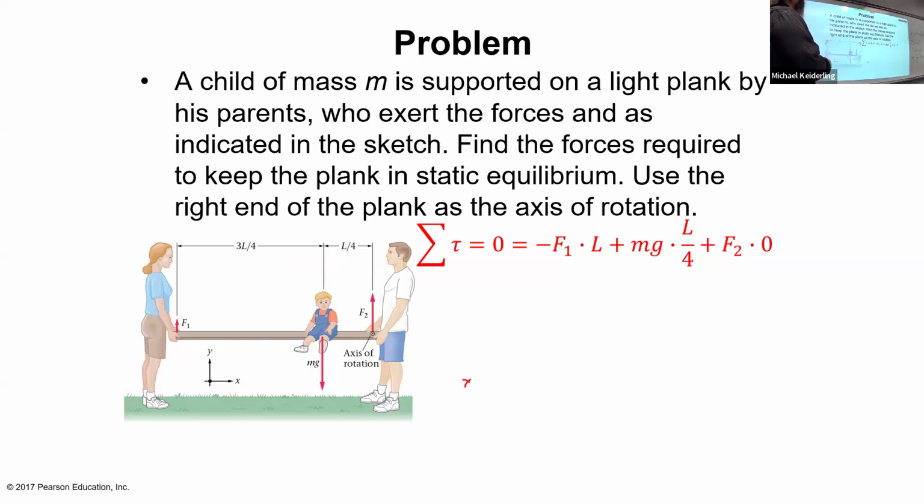Starting from the left, we have negative, because this is clockwise, minus force 1 times the length of the board, plus mg times the length over 4. That's positive, that's counterclockwise, plus force 2 times 0. So we can solve for force 1. Force 1 times length equals mg times length over 4. Length will cancel. We get force 1 equals mg over 4.